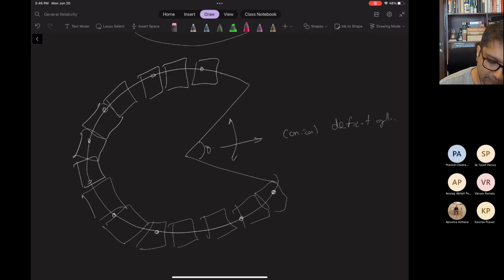Now if I imagine parallel transport, okay, imagine any kind of parallel transport. Let's take tangent vectors to this integral curve itself. So we can take these tangent vectors, and you would imagine that you're going something like this.